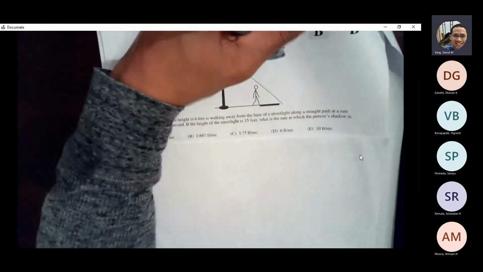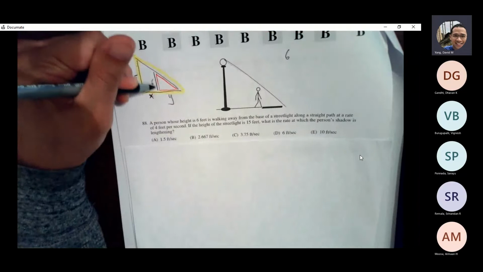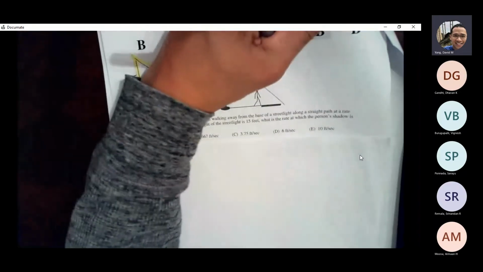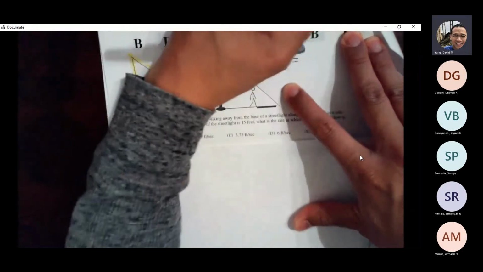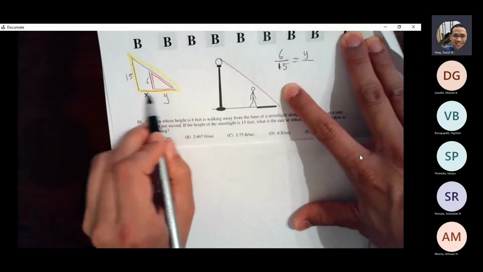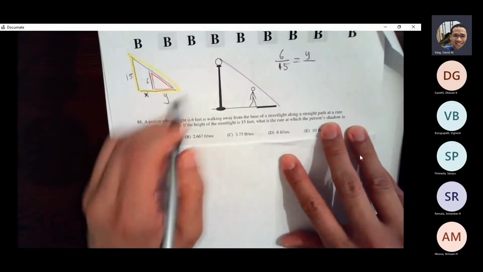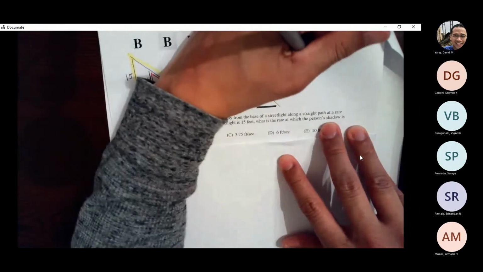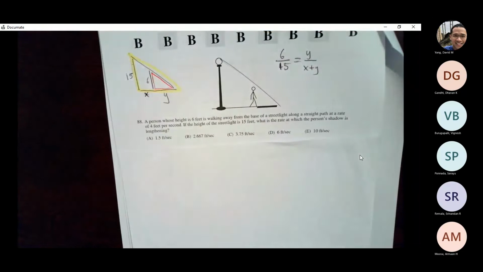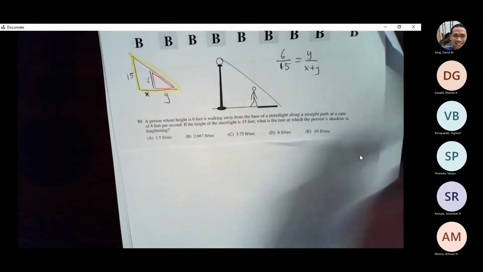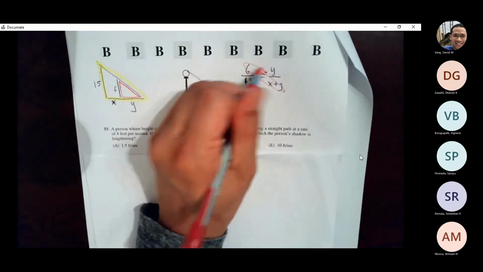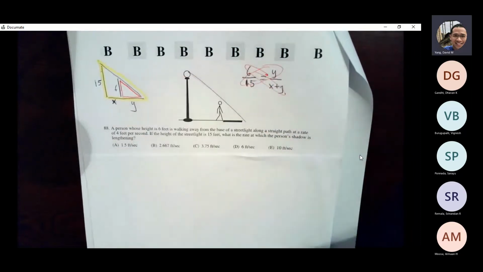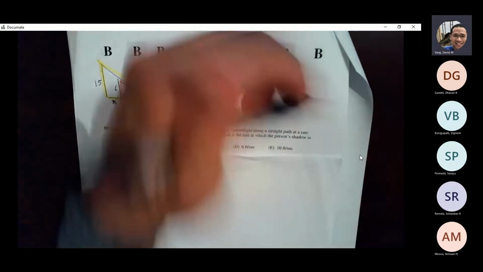So I'll say 6, the height of the small triangle, is to the height of the large triangle, as the base of the small triangle is to the base of the large triangle. Not x times y, but x plus y. So once I create that relationship here, I can cross multiply, get it down to as clean as I can, and then move to my derivative.